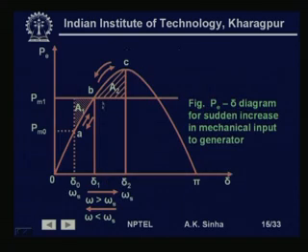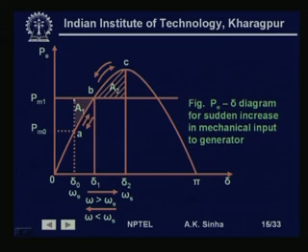So, if we look at this, what we are finding is that during all this time, when the rotor moves from A to B, we are getting accelerating power, which is the difference between P m 1 and the electrical output characteristics of the machine from A to B. So, what is P a d delta integral is basically this area which we are going to get till delta has reached the point B.